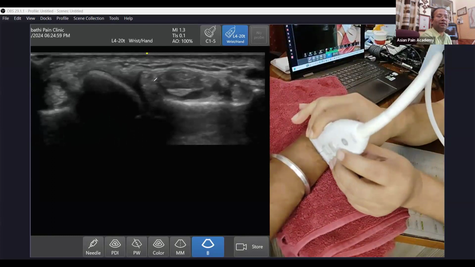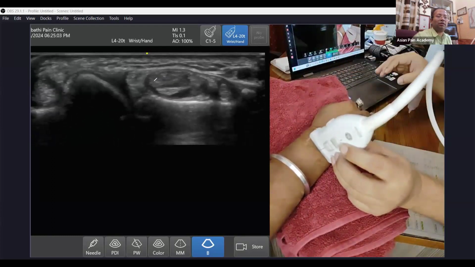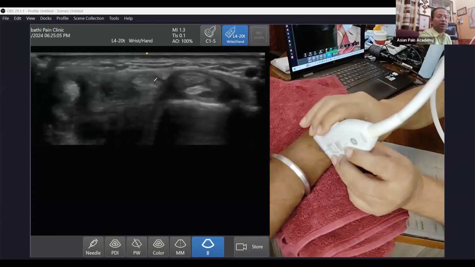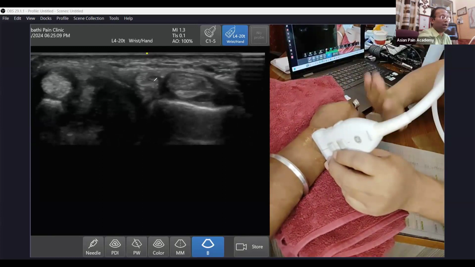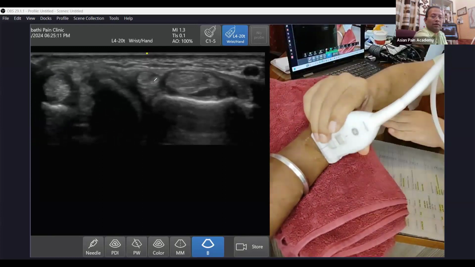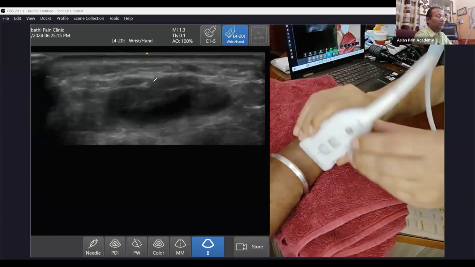So here, fifth compartment, extensor digiti minimi. Let us see whether what I am saying about extensor digiti minimi is true dynamically or not. So just a minute, so that you can see. No, you cannot see.